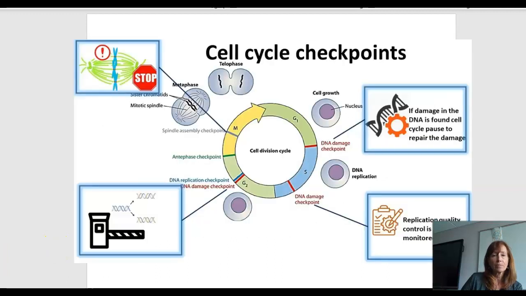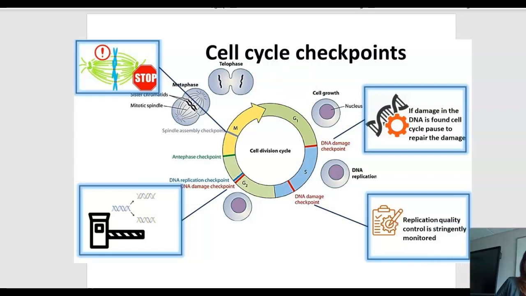So these checkpoints, as we just mentioned, are found along those areas. Let me move over here so you can still see me a little. Here's G1 in this particular diagram, this green that represents G1. This is the gap 1 phase.